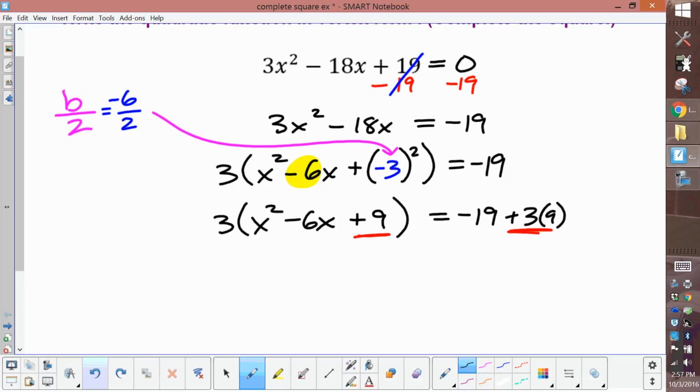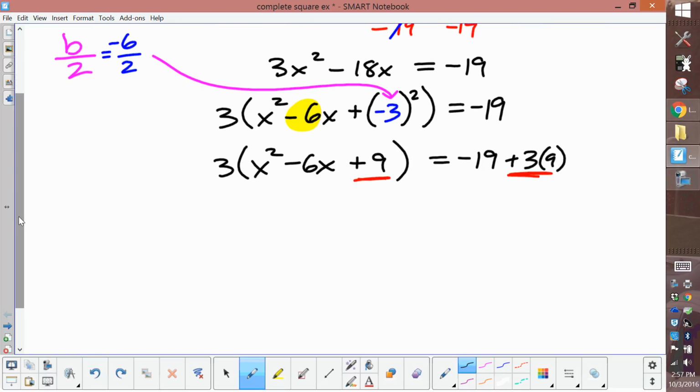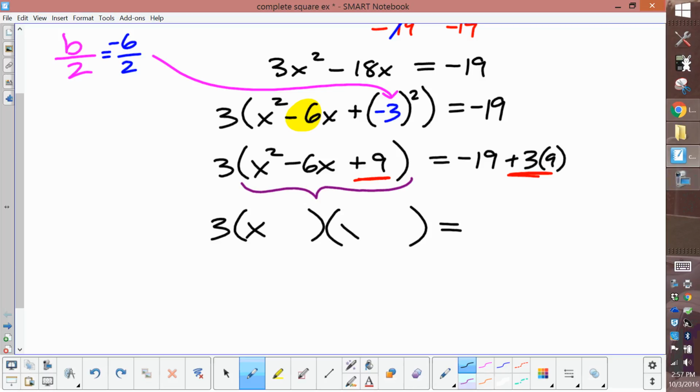Now, the reason I made this trinomial right here is because this factors down the way I would like. So I'm going to rewrite 3 times, and I'm going to go ahead and factor this. We'll go x and x, the only first terms that will give me x squared.